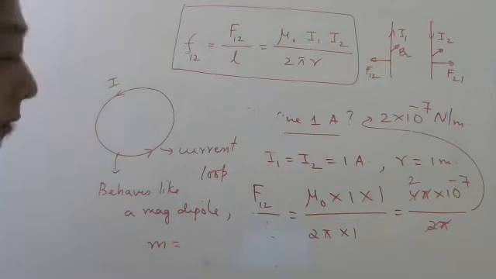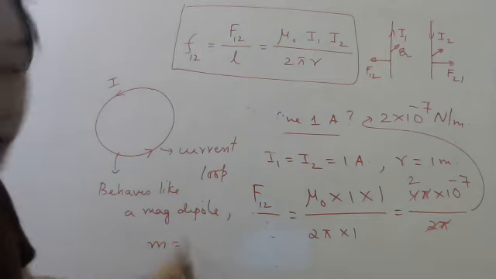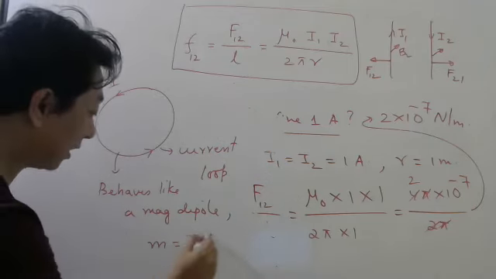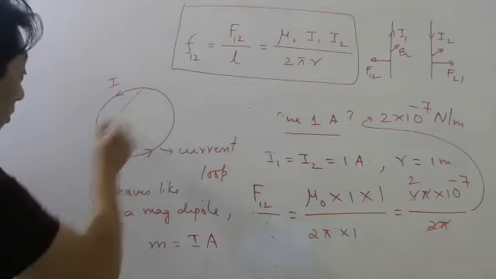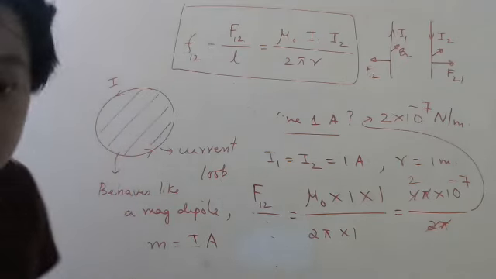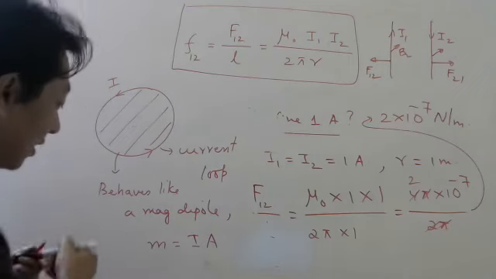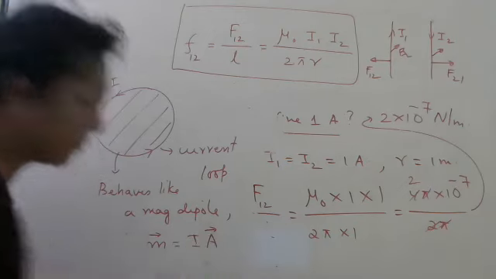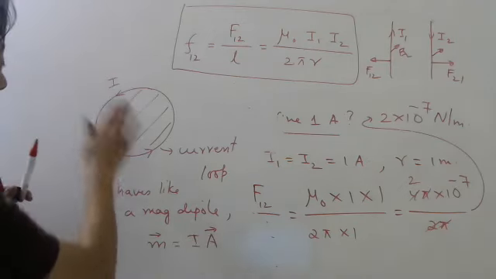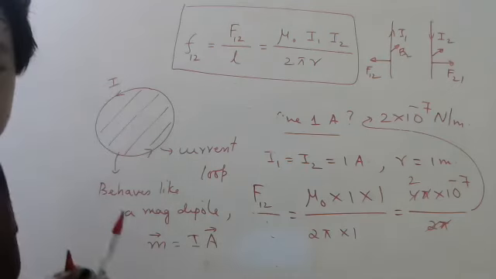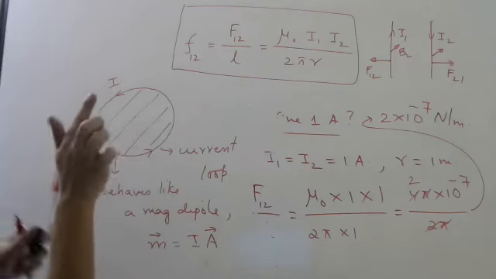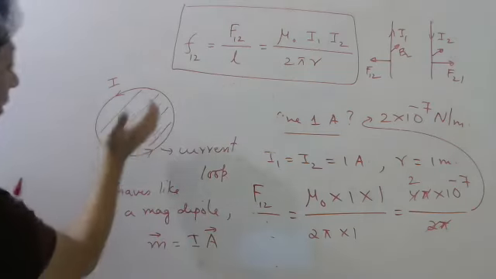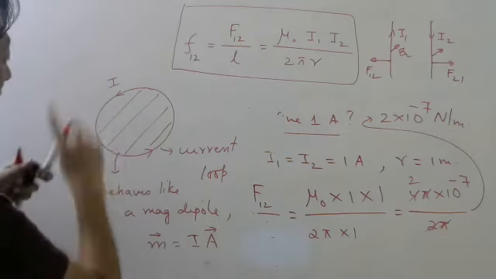Can anybody remind me what the formula for this was, if the current in the loop is I? Very good. Current into area. Which area? The area enclosed by the loop. And the direction, if somebody asks, is very simple. The direction of the magnetic moment is the same as the area vector, and the area vector is always perpendicular to the surface. So the area vector can be either here or there. How to find it, sir? Same rule. So if the current is like this, the magnetic dipole moment will be outwards.